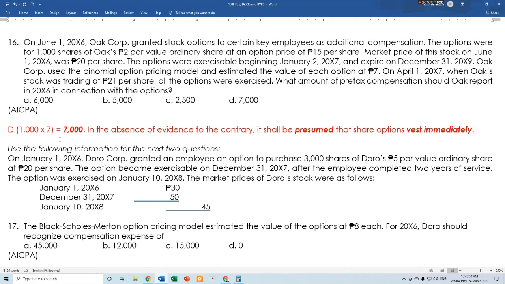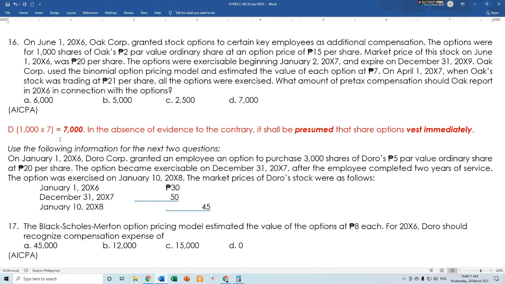The options were exercisable beginning January 2, 20x7 and expire on December 31, 20x9. Oak Corporation used the binomial option pricing model and estimated the value of each option at 7. Ang daming kinwento, yung binigay naman pala yung fair value. So wala tayo paproblemahin, yan na yung fair value mo, 7 pesos.